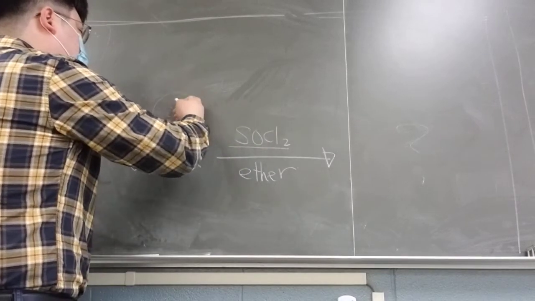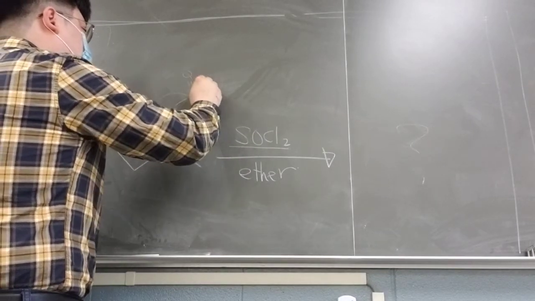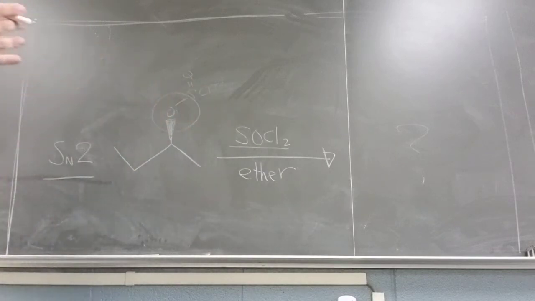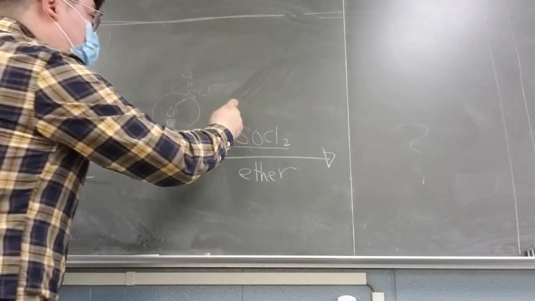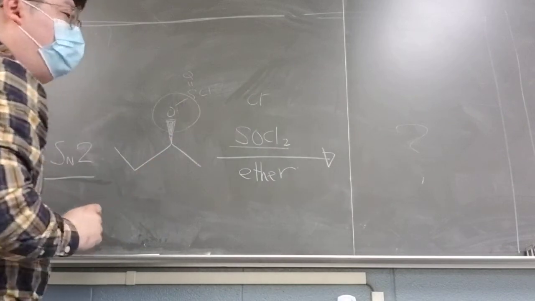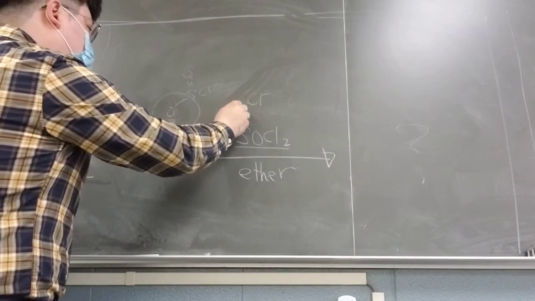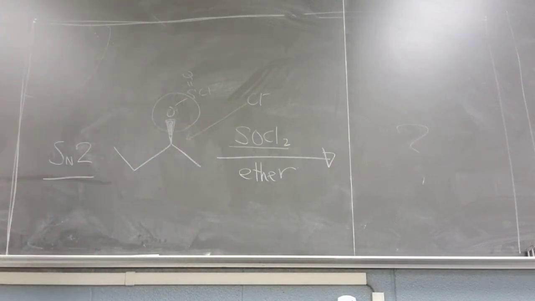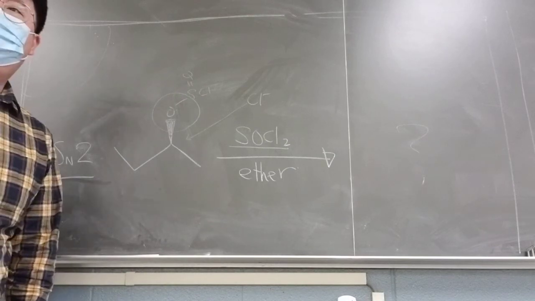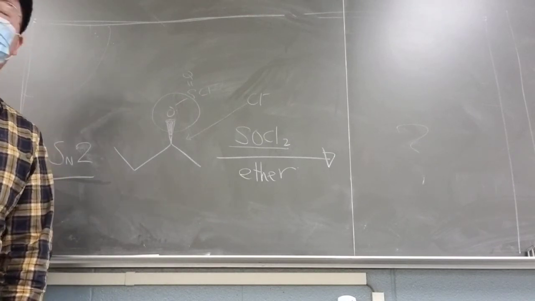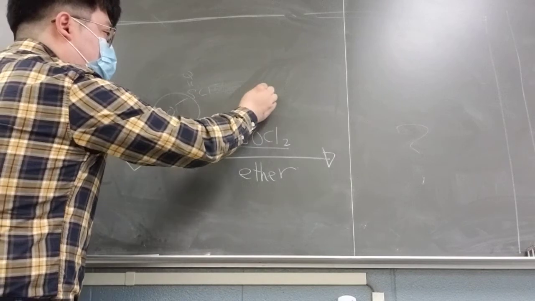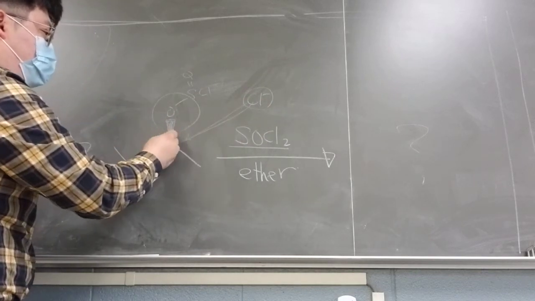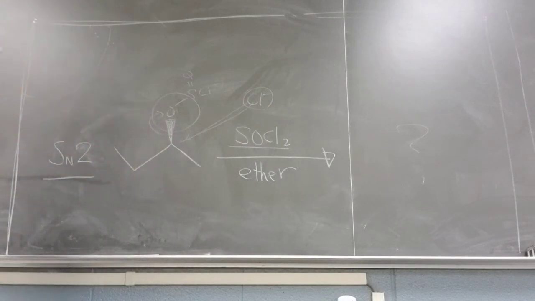They form better leaving groups, and then one chlorine breaks apart and does it here. SN2 is happening at the same time, so you have the nucleophile attacking while the leaving group is about to leave, so it will show you the transition state.